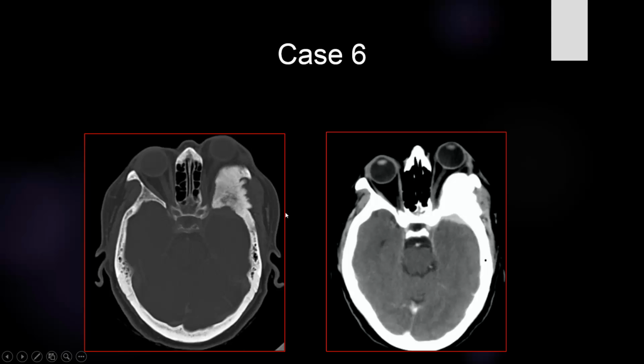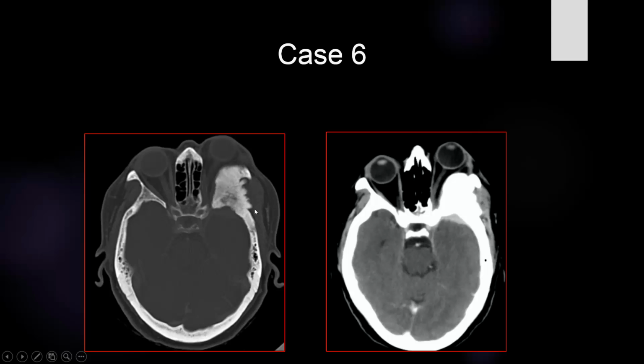We can also see there is an extraosseous enhancing soft tissue sheet here. This enhancing soft tissue sheet is characteristic of a meningioma en plaque and usually helps to differentiate such a lesion from the other differential diagnosis that can occur in the greater wing of the sphenoid, that is fibrous dysplasia.